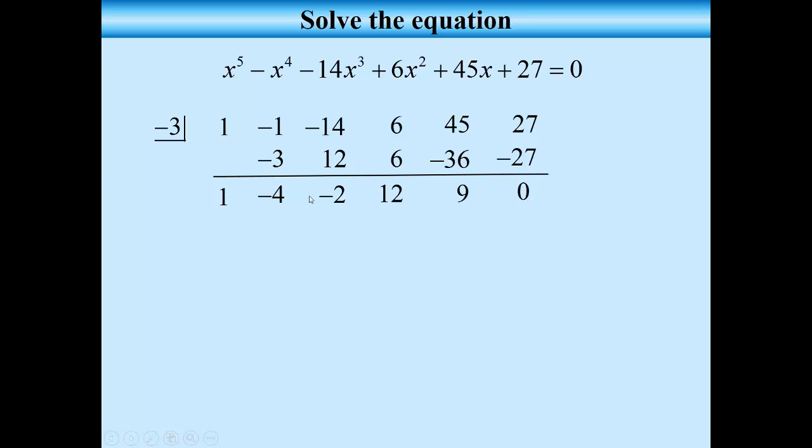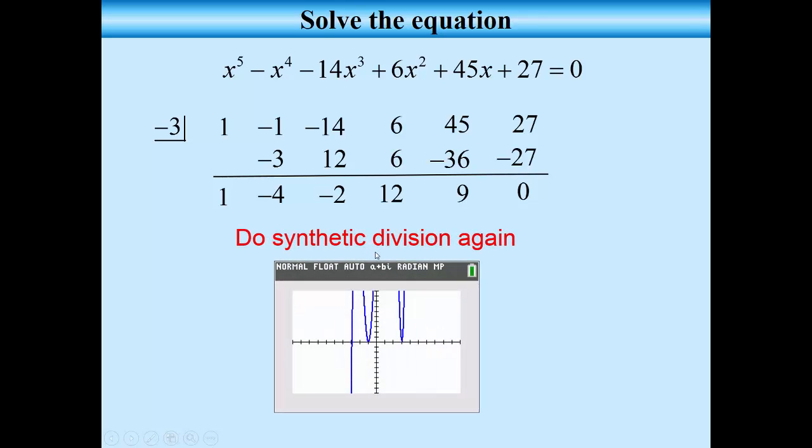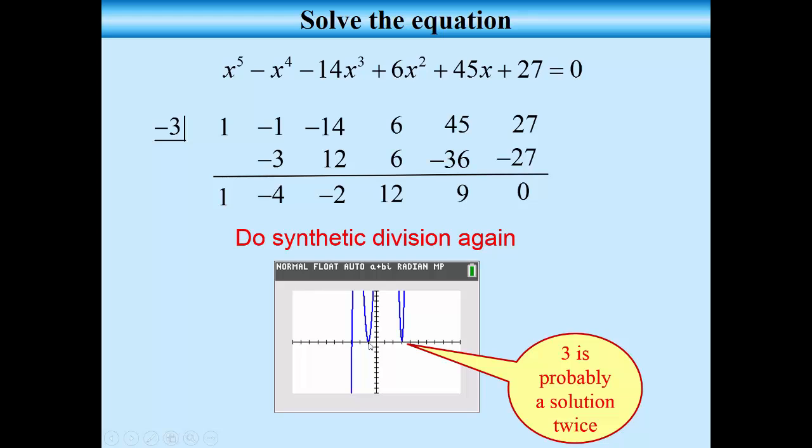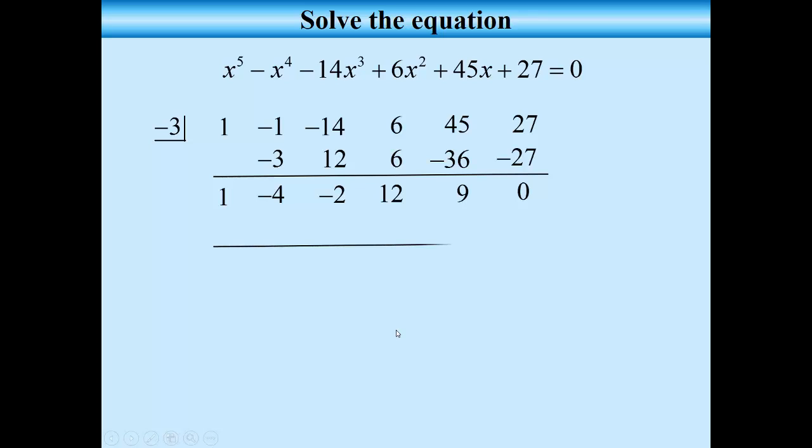We need to take the remaining polynomial without the 0 and solve that. And so let's see about another guess. It looks a lot like that might be a +3. So let's try +3.